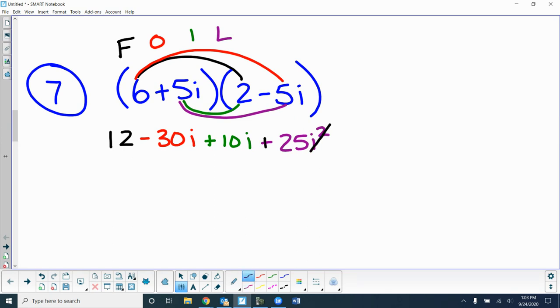So we just change the sign there. So I get 12 plus 25 is 37. And negative 30i plus 10i is a negative 20i. So there's my complex number answer after I multiply.